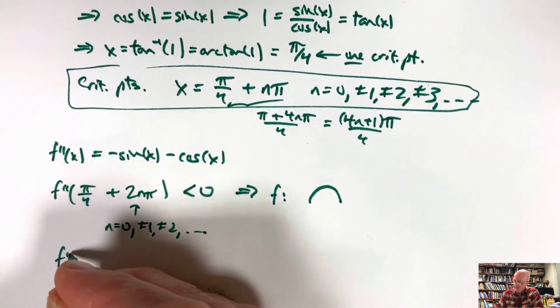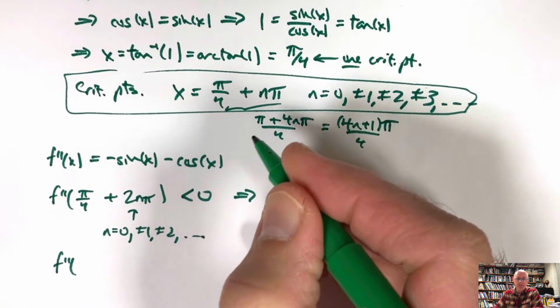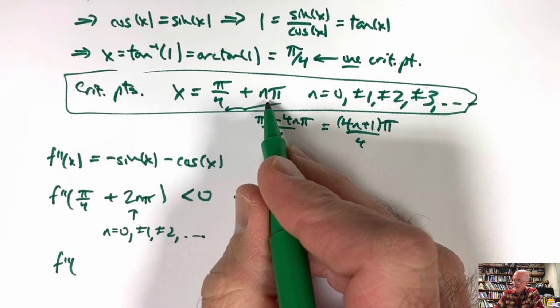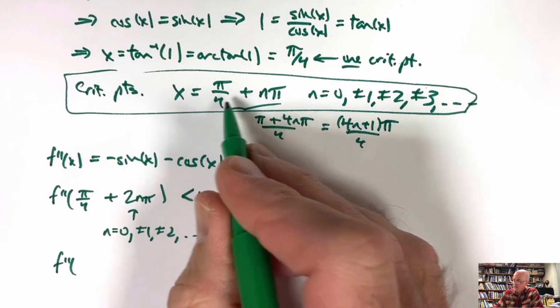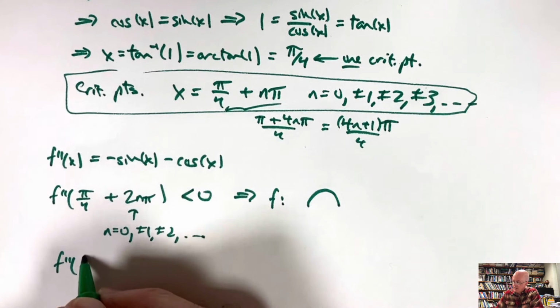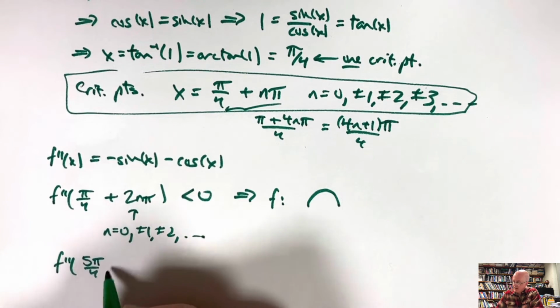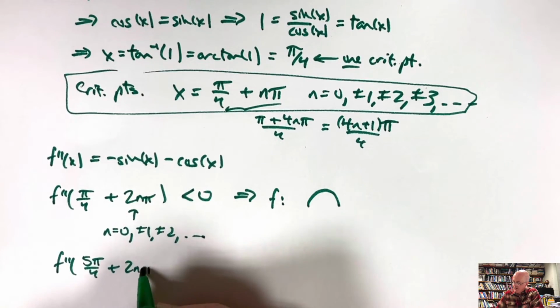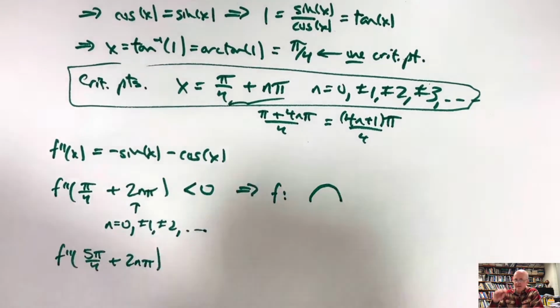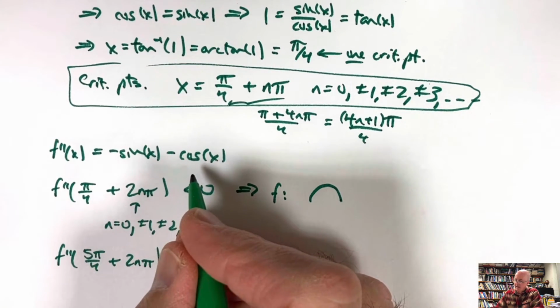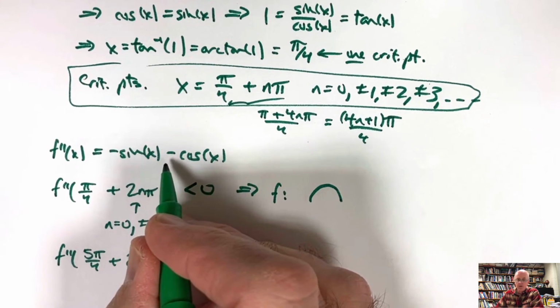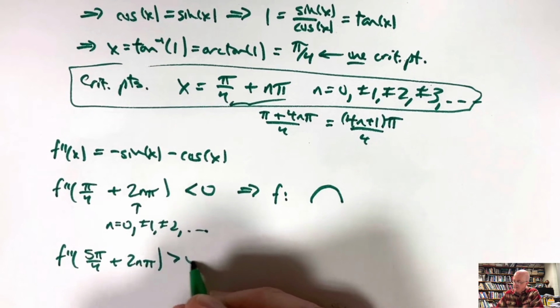If you plug in, well, let's add n equals 1 to this. Pi over 4 plus pi is 5 pi over 4. Plug in 5 pi over 4 plus 2n pi. You're at the angle in the third quadrant where both sine and cosine are negative in value, and combining them in this way with minus signs gives you a positive answer.